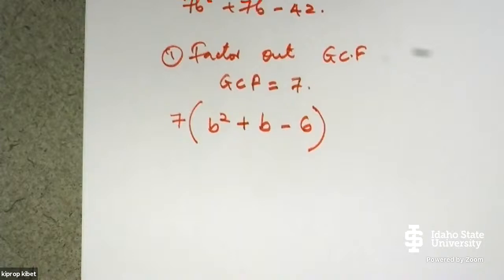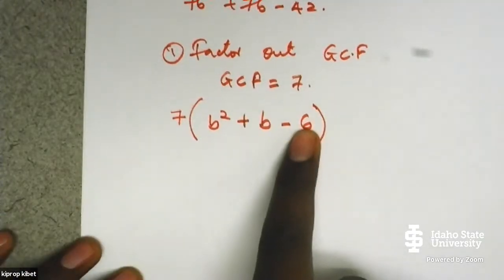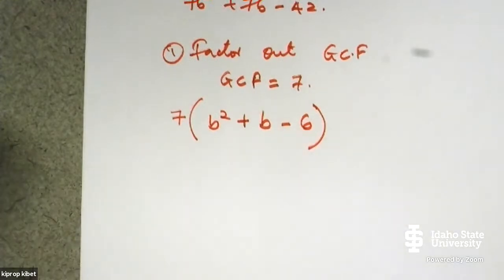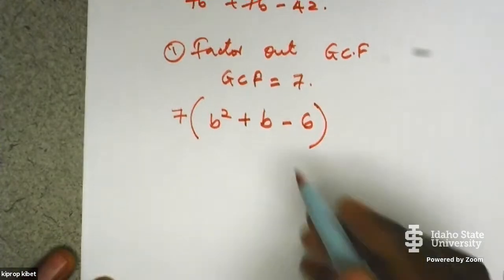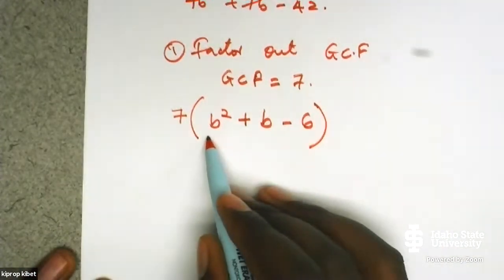It is not a perfect square since 6 is not a perfect square; we cannot get the square root of 6, which is 2 point something. So in this case, we need to use the AC method.